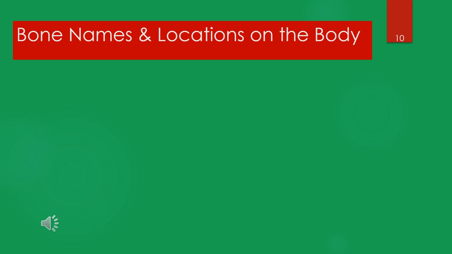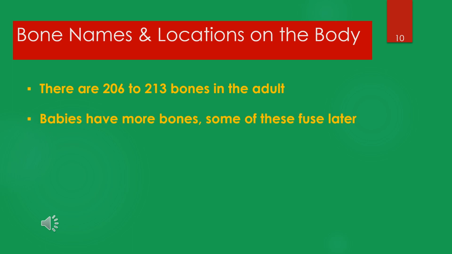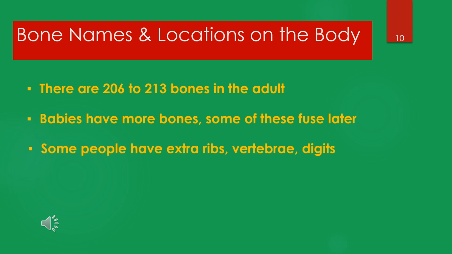According to the National Institutes of Health, there are 206 to 213 bones in the adult human. Babies tend to have more bones, but some of these fuse as they grow. The exact number of bones can vary slightly because some people have extra ribs, vertebrae, and digits.